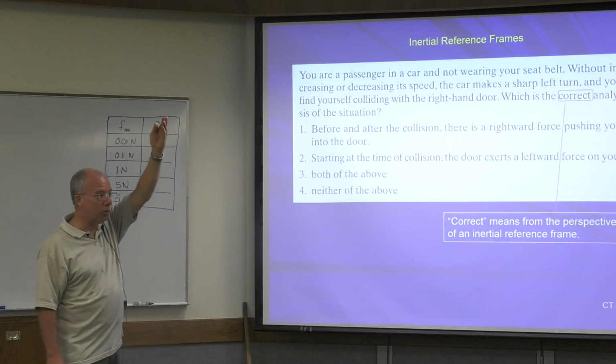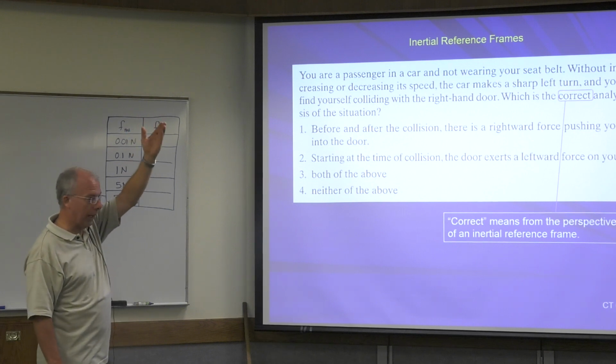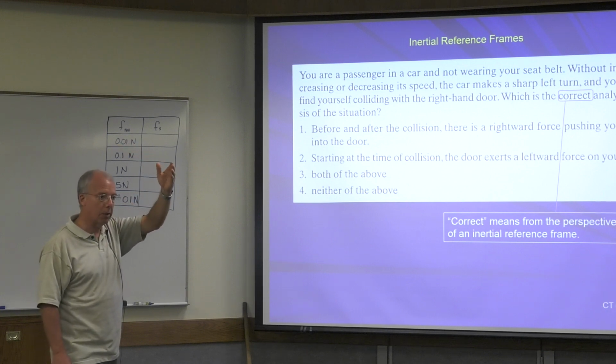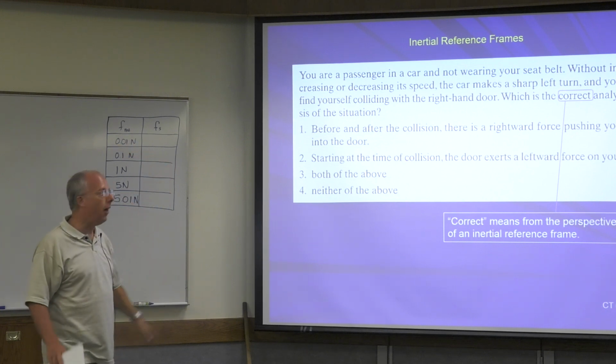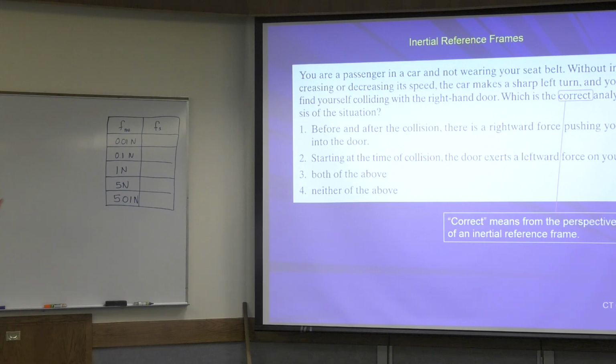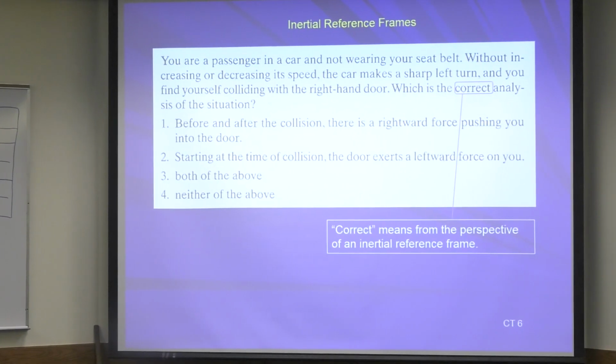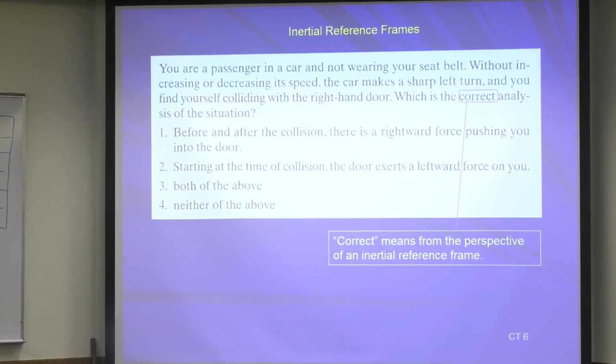So the drone's reference frame would be an inertial reference frame because nothing is accelerating. All right, so read it, figure it out. Okay, so what would the drone see?